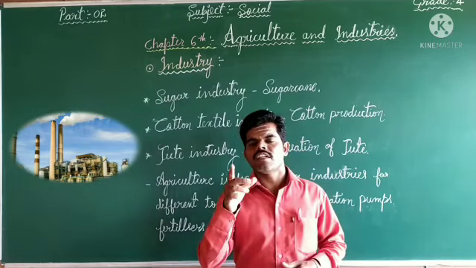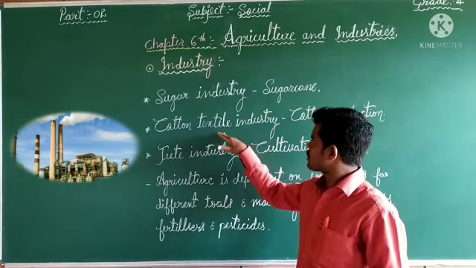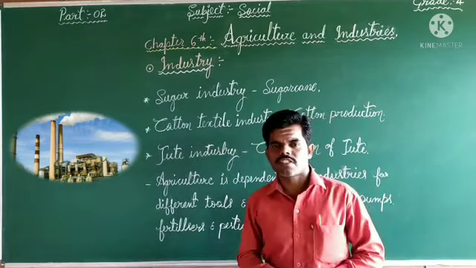For example, the sugar industry depends totally on the production of sugarcane. Cotton textile industries depend on cotton production, and jute industries depend on the cultivation of jute.